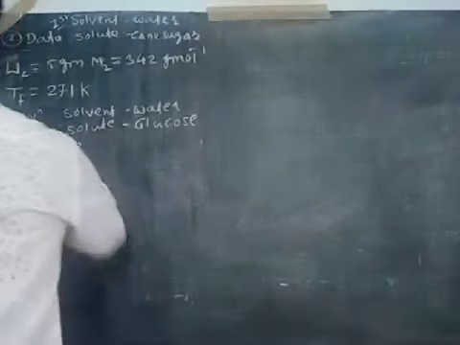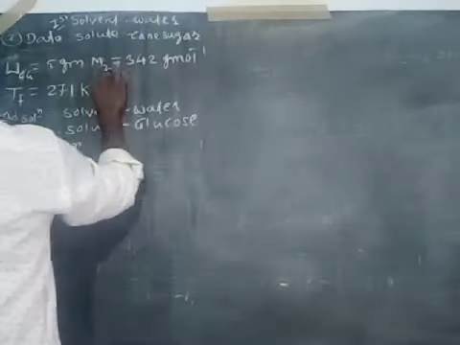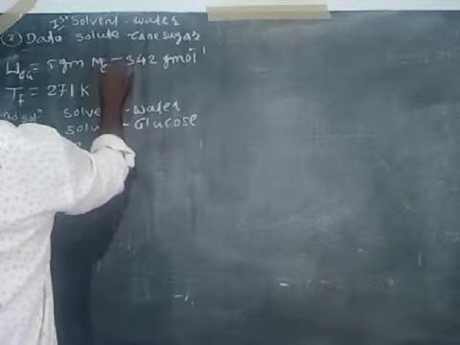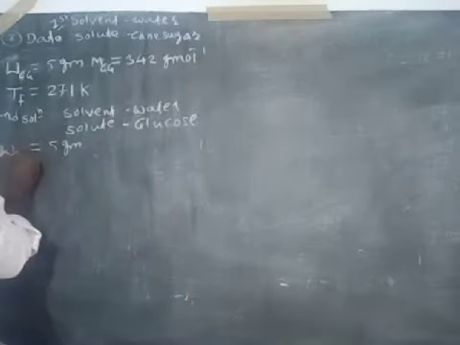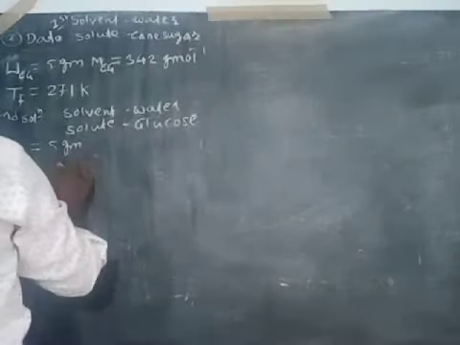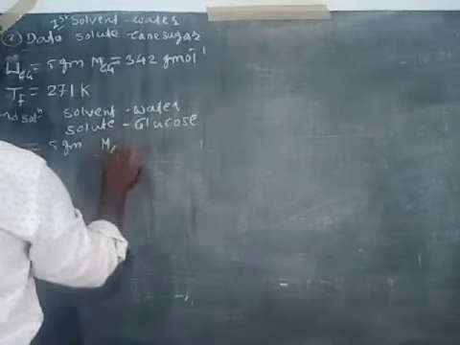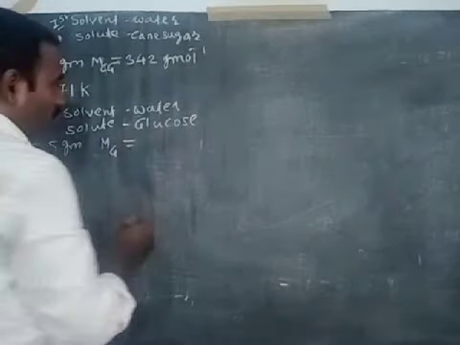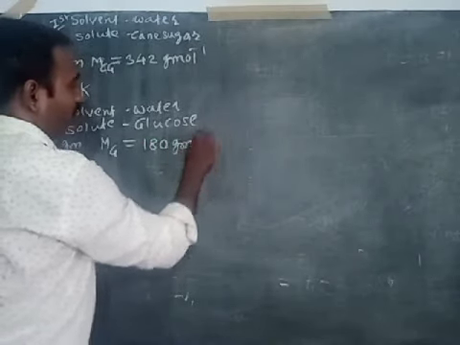Here you can write W2 or W of glucose, that is Wg, and molar mass of the glucose, that is Mg. Given mass of the glucose is 5 gram and molar mass of the glucose is 180 gram per mole.